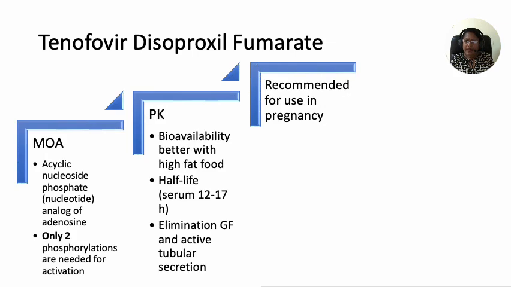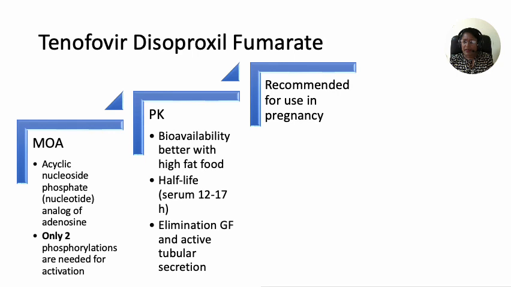Let's move on now to tenofovir. So there's tenofovir disoproxil, and it is an acyclic nucleoside phosphonate, an analog of adenosine with activity against hepatitis B and HIV.